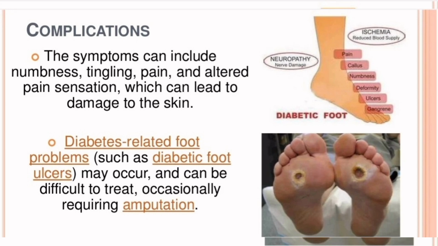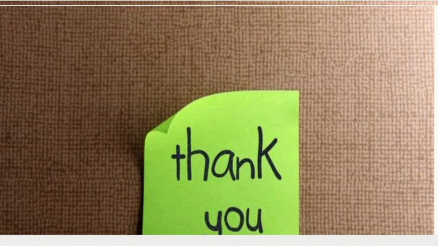Diabetic amputation occurs when we are not able to control the blood sugar level. There is damage of nerves, which causes a decrease in blood flow at the infected area, and so amputation is required. We will see another part of diabetes mellitus in the next video.